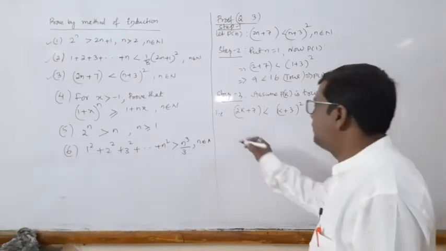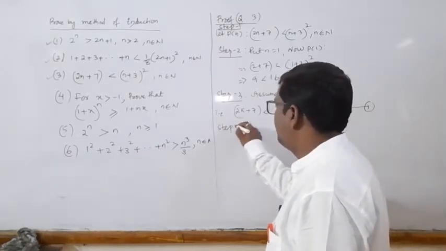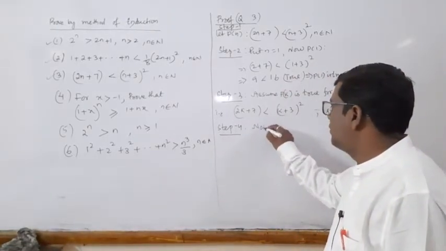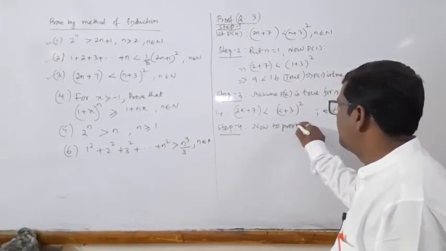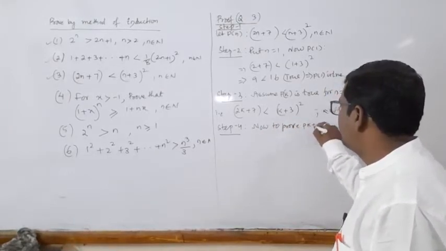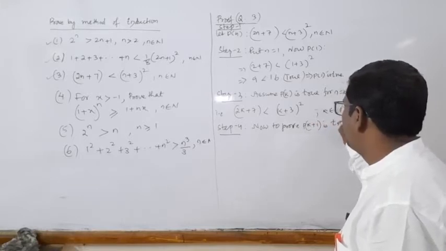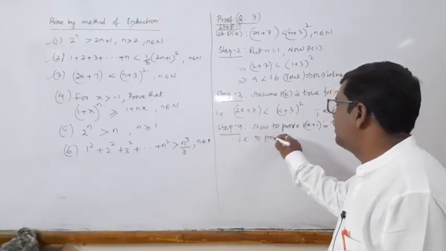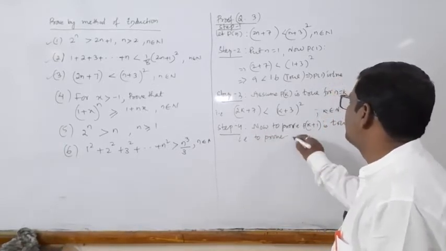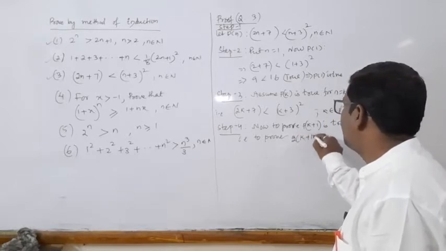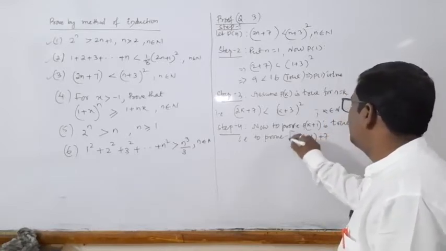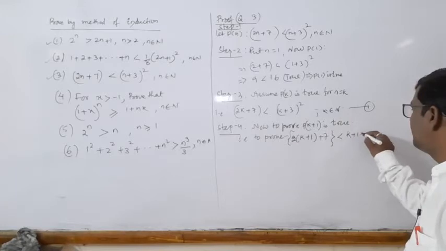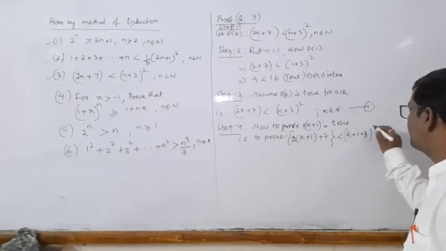Now step 4. To prove P(k plus 1) is true. That is to prove 2 into (k plus 1) plus 7 is less than (k plus 1 plus 3) whole square.